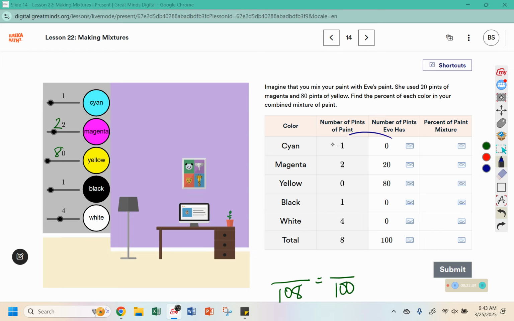For the cyan, I have 1 out of 108. And that's going to round up to 1%. It's like 0.925-ish, but we're going to round it up to a whole percent.